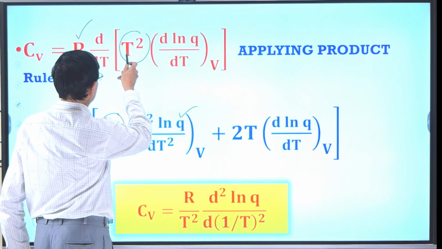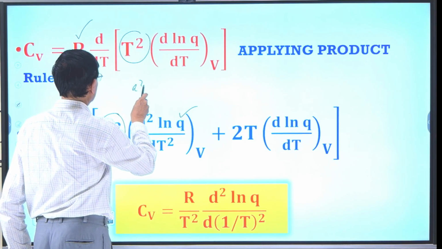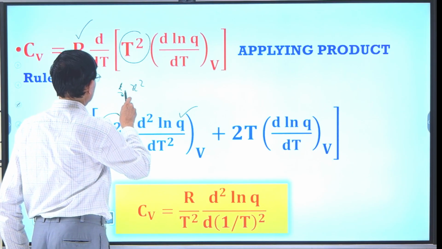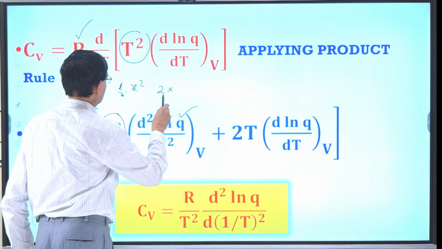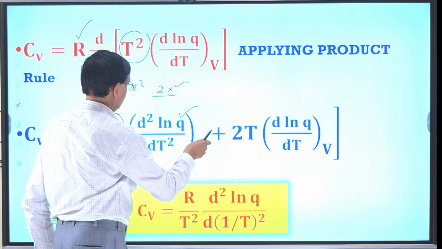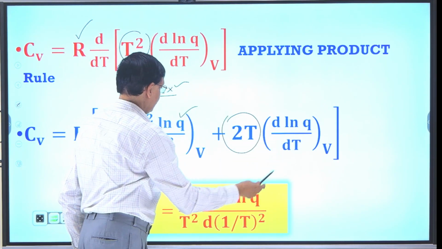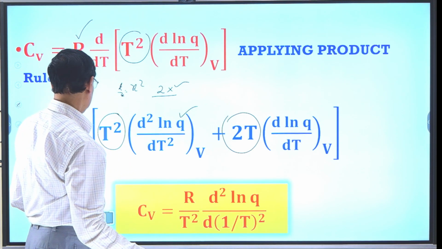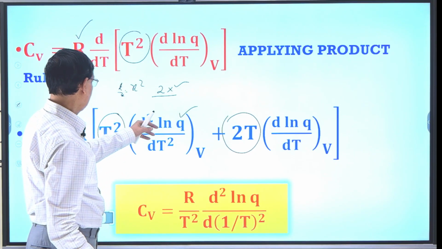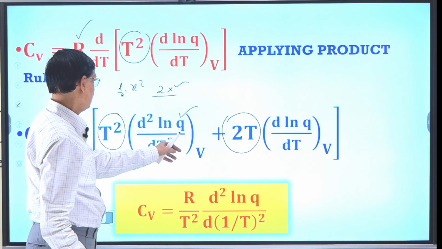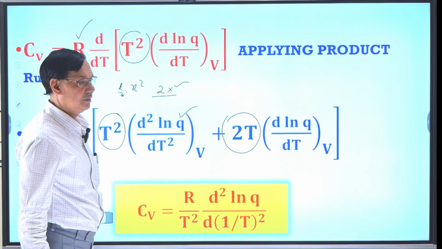Then the other part, T square differentiated, like x square d by dx gives 2x, so 2T, and the other as it is. So our result is Cv is equal to R T square del square ln Q by dT square plus 2T. So only 5 minutes.